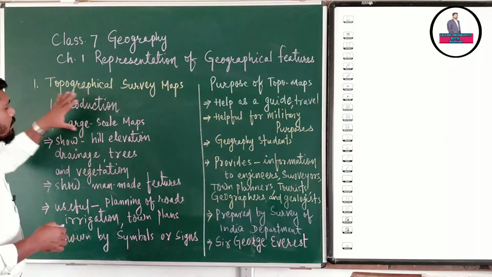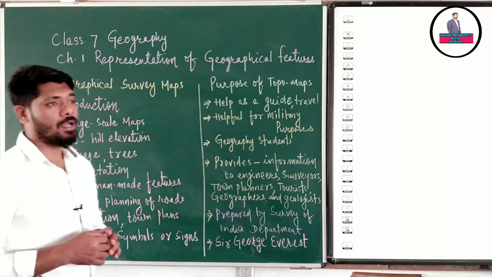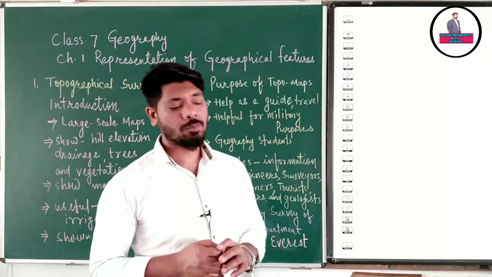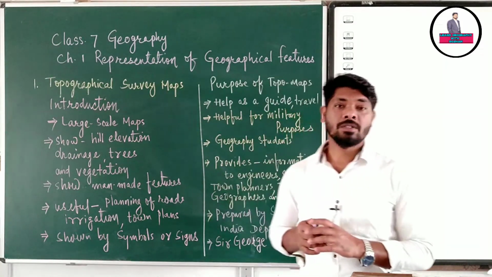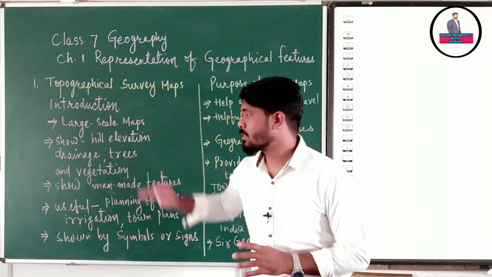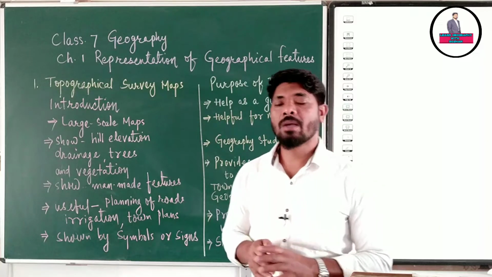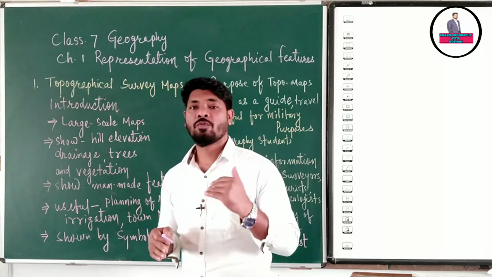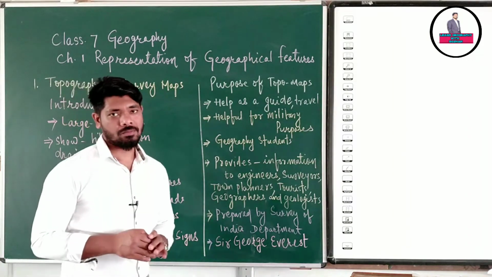So when we see and understand the topographical survey map, we can see that these survey maps are drawn on a large scale to show the physical features and the man-made features.